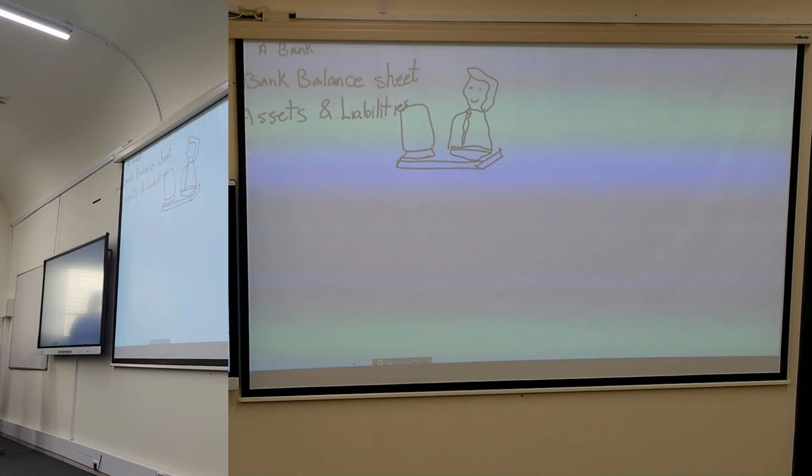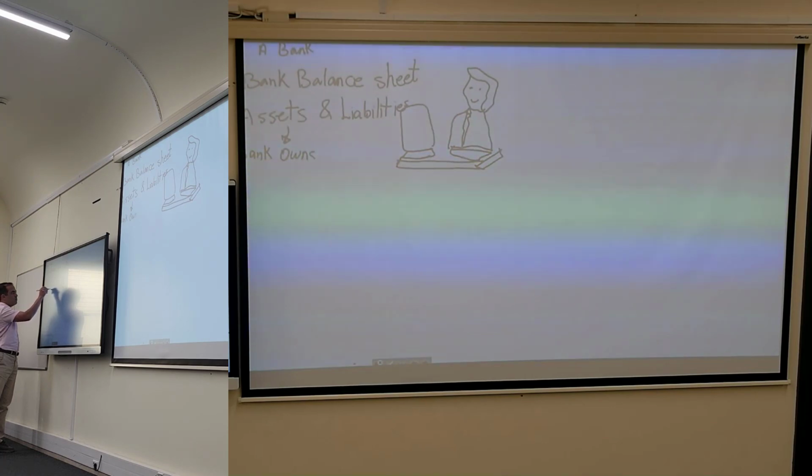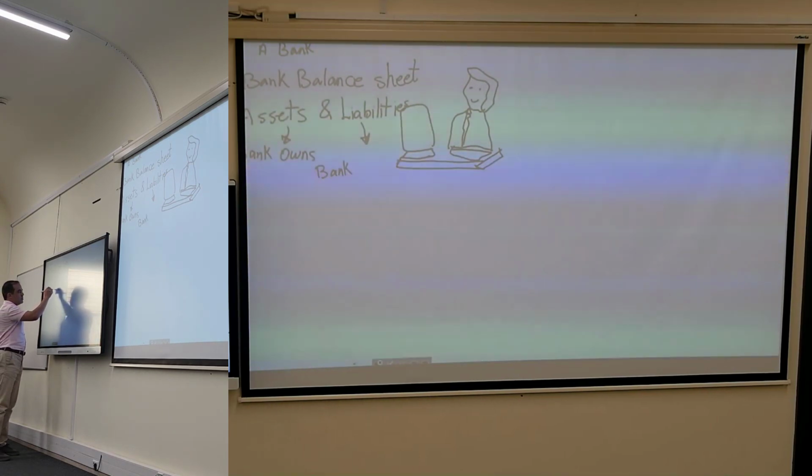So think of assets as things the bank owns, and liabilities as the promises the bank has made to others. So the assets, the bank owns, and the liabilities, the bank promises.